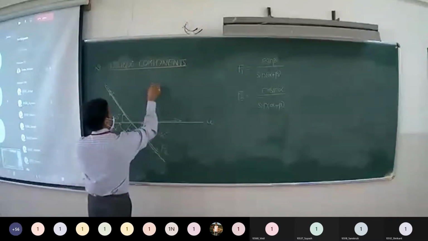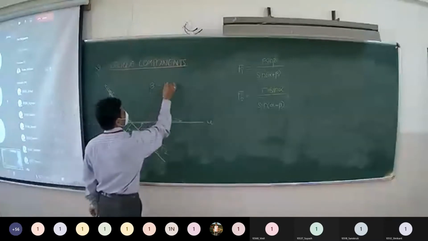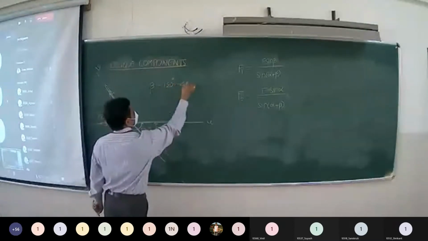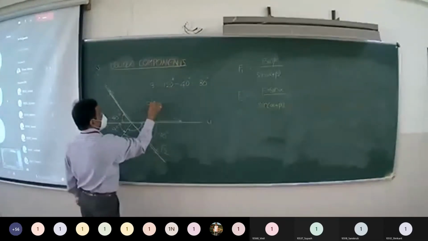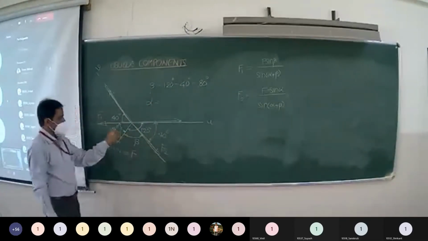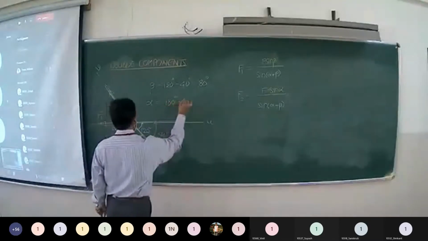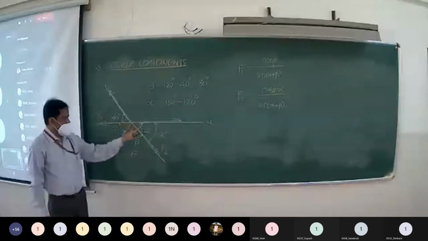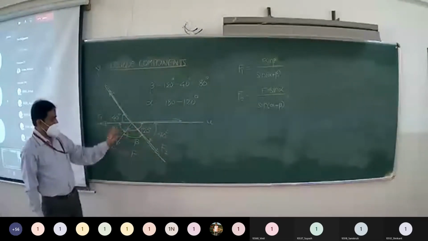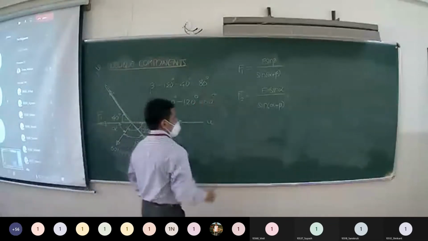So beta is equal to this total 120 minus 40, 80 degrees. And alpha is total 180 minus 120, that is alpha, 60 degrees.